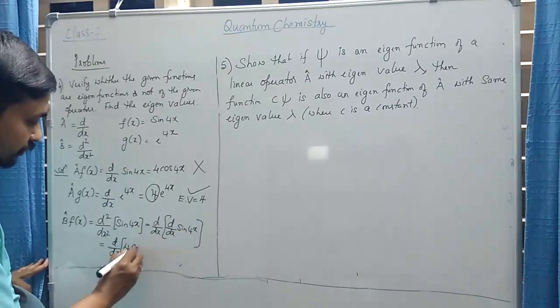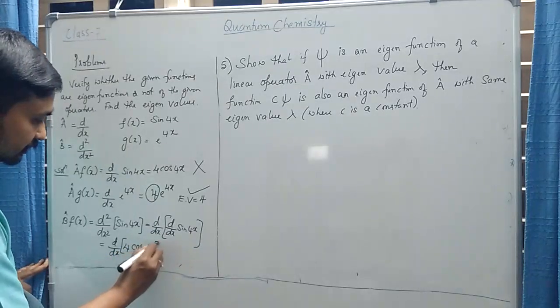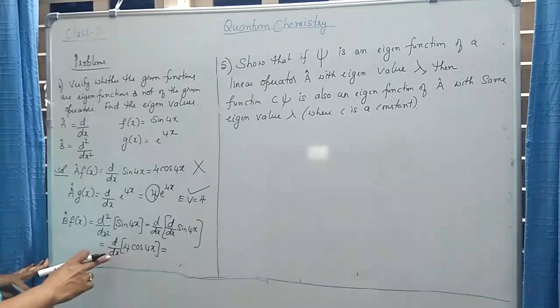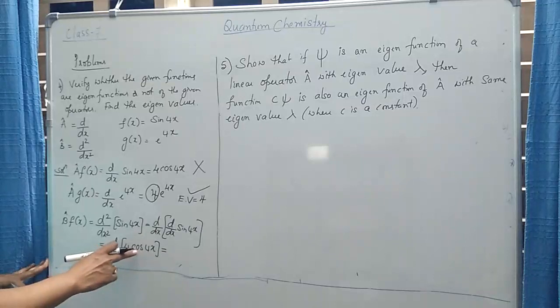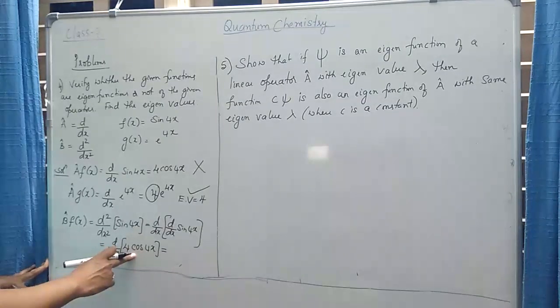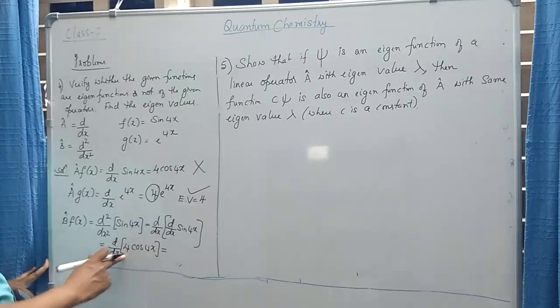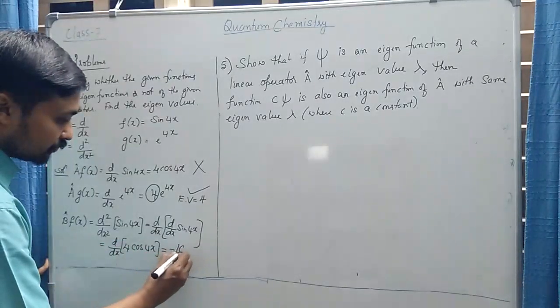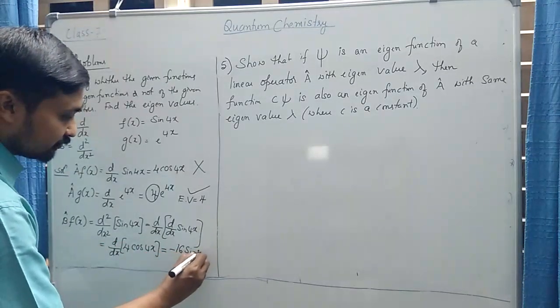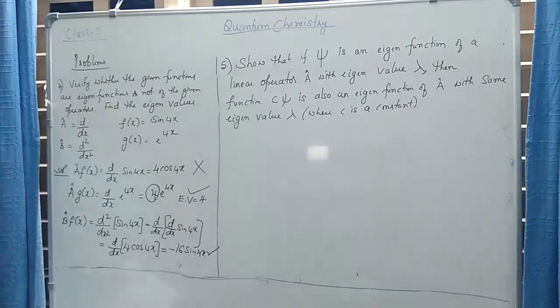Differentiation gives 4 into cos 4x, and if I differentiate it again, 4 is a constant, and the differentiation of cos is minus sin 4x. So I already have 4 here, so it becomes minus 4 into 4, that is minus 16 sin 4x. So we are getting the same function again.